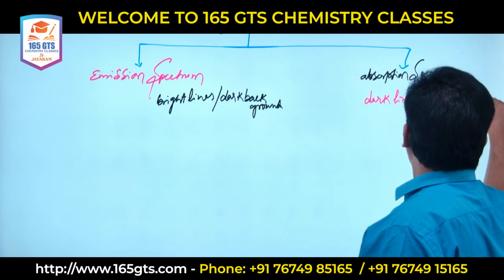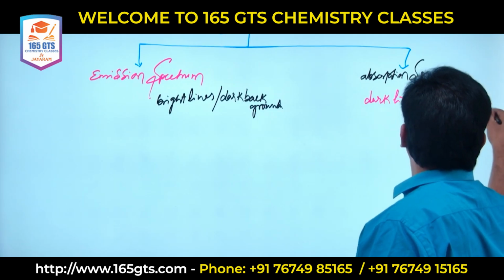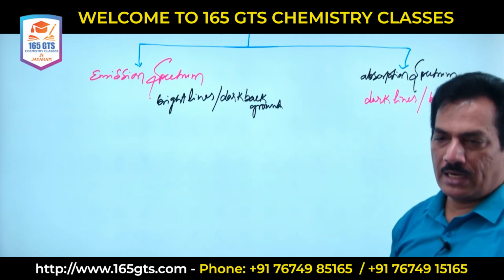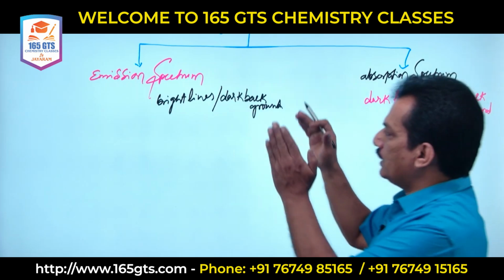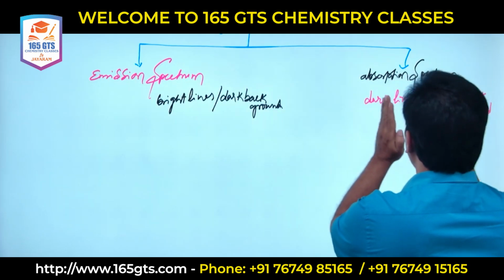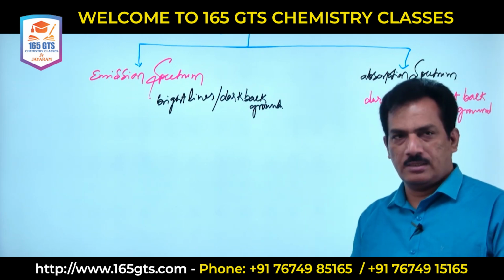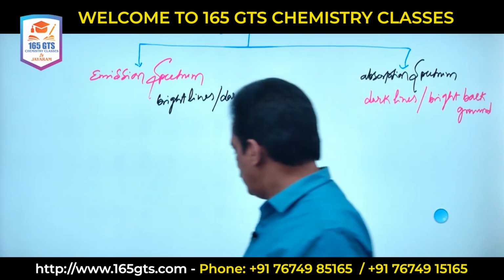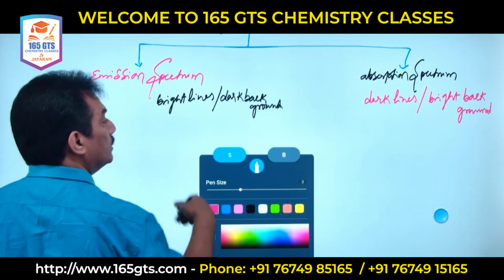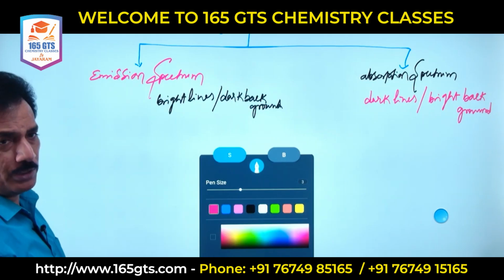And now, since both these spectra have the same characteristic features, whatever we study for the emission spectrum, the same you can apply for the absorption spectrum also. No need to study twice. Clear? As the emission spectrum classification is, so the absorption spectrum classification will also be.